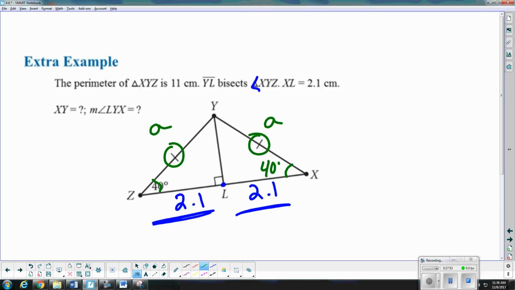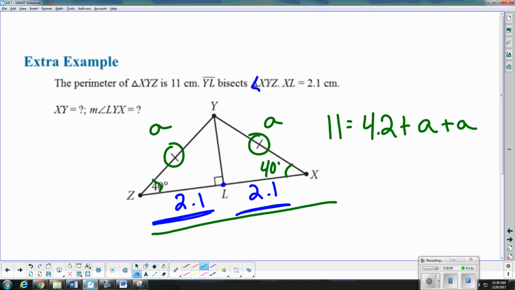Okay, so we know that the perimeter is equal to this side, which is 4.2, plus A plus A, which is 2A.